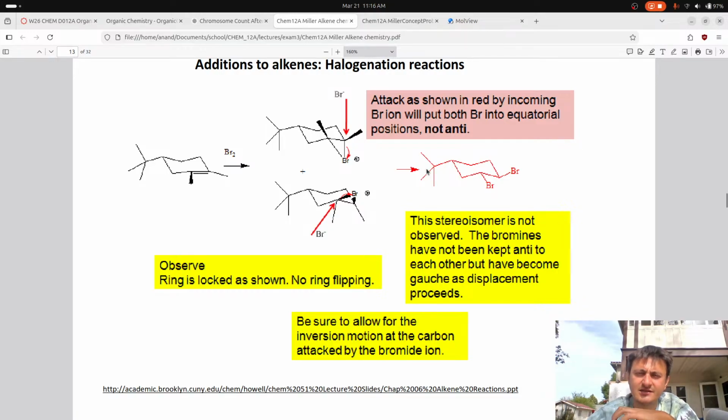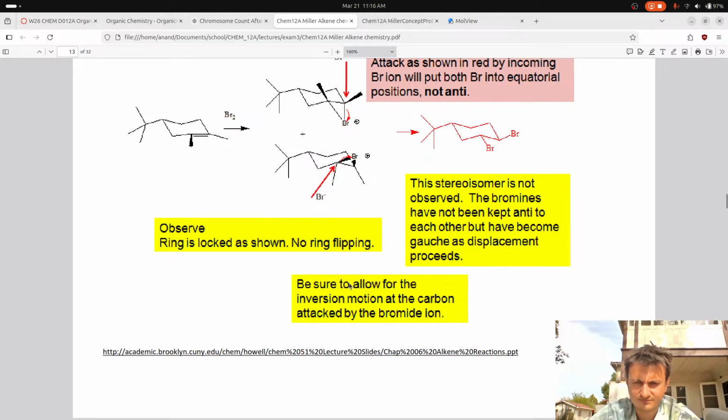It's not anti. Oh, and the ring is locked. There's no way to ring flip this. This stereoisomer is not observed.